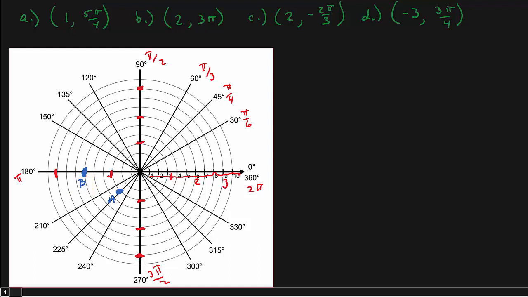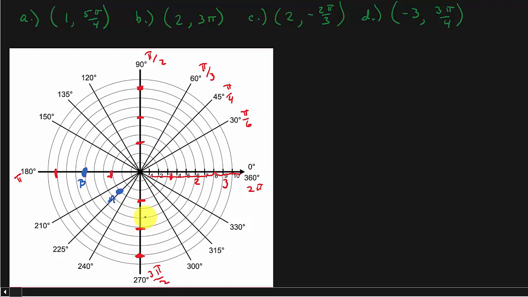Now let's look at this, (2, negative 2 pi over 3). So how do we do that? Well, we go over 2, but notice this time we're at negative 2 pi over 3. That means we're going to rotate in a clockwise direction 2 pi over 3 radians.